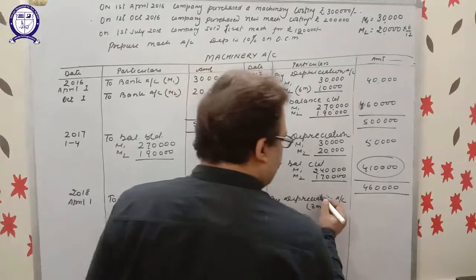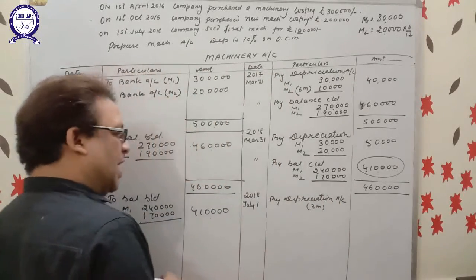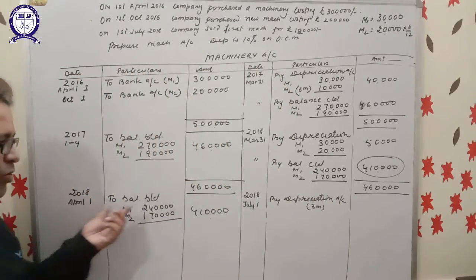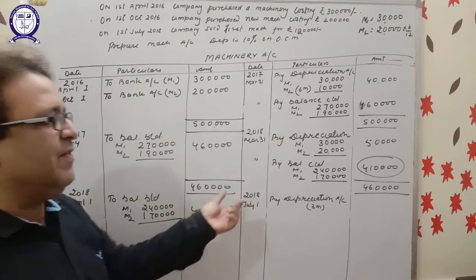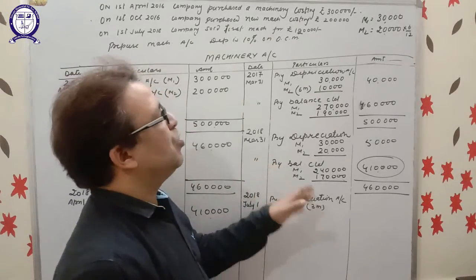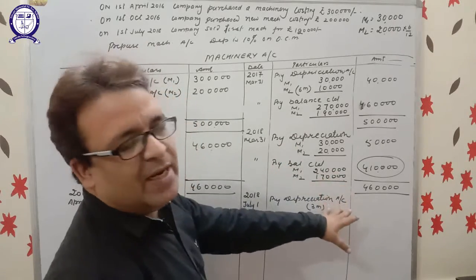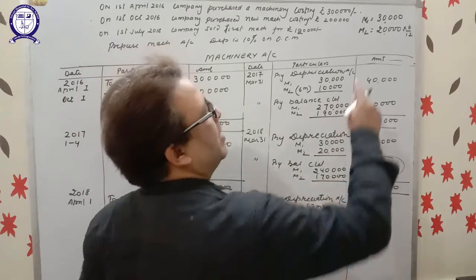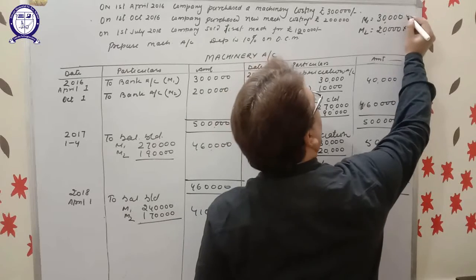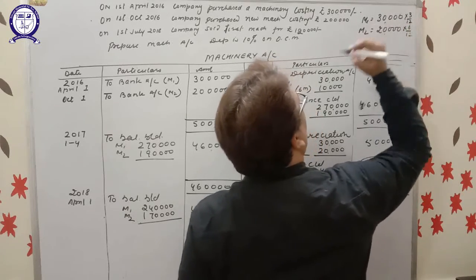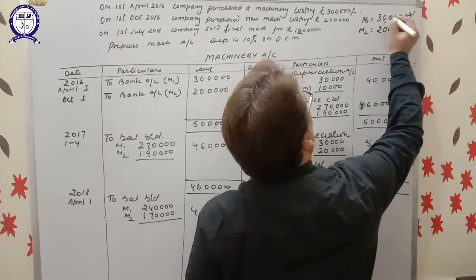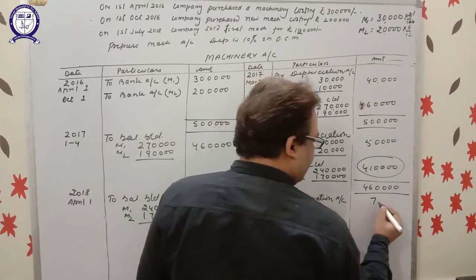That's why 3 months depreciation will be charged from 1st April to 1st July. So 3 months depreciation will be recorded here. 30,000 is the full year depreciation; for 3 months we have to calculate 3 by 12, which is 7,500.